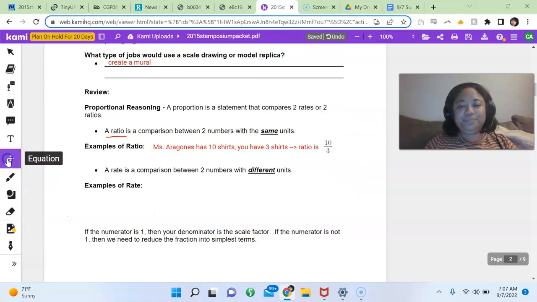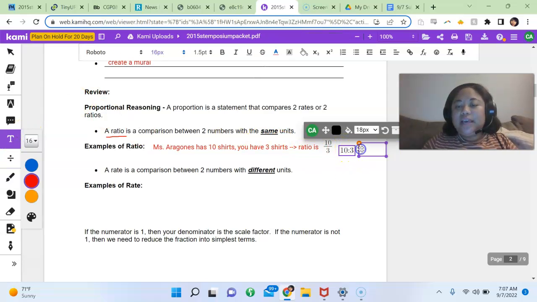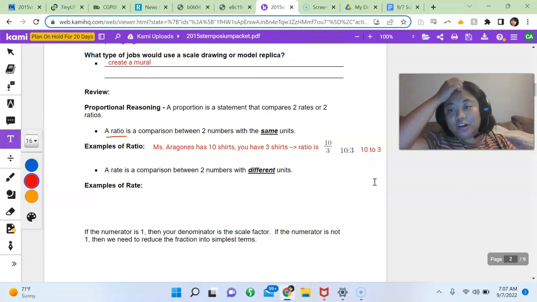A ratio can be written as a fraction. It can also be written as a ratio with a colon. You see the colon? Or we could also write it with words, 10 to 3. So these are different ways we can write a ratio. Make sure you pause the video and have that all written down.